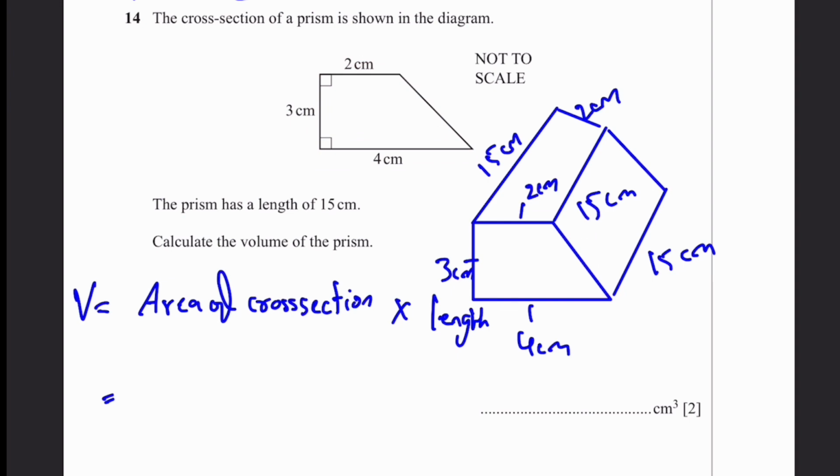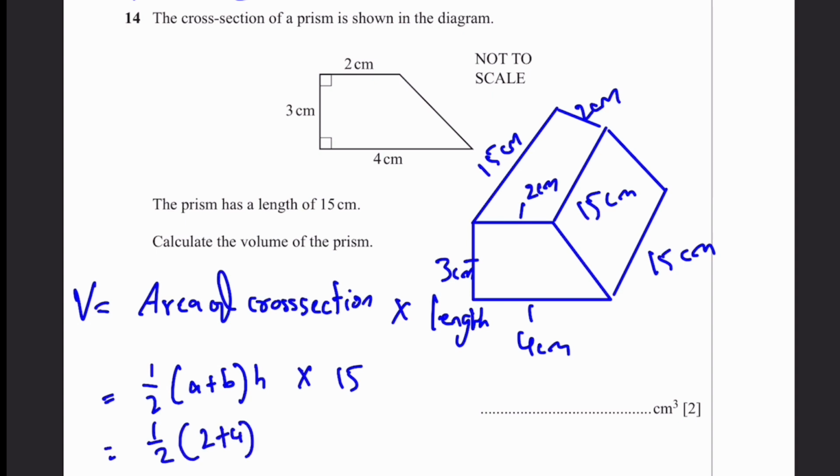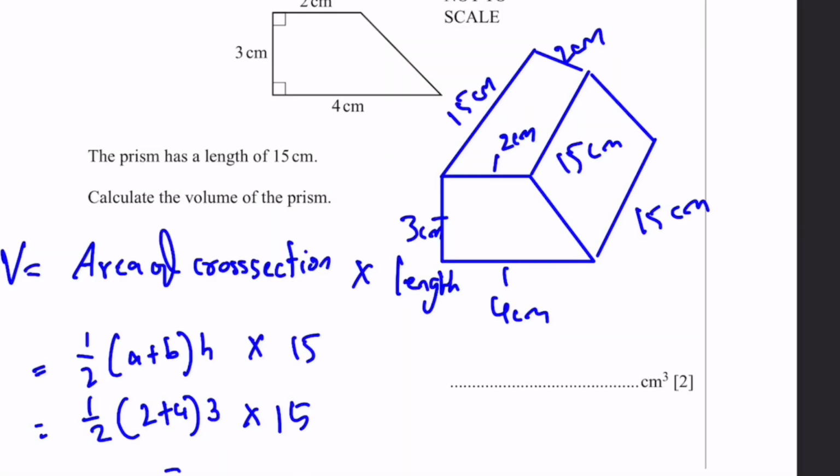And the area of a trapezium is half times (a plus b) times h, and multiplied by 15. So that's half times (2 plus 4) times 3, and multiplied by 15. That's equal to half times 6 times 3. It's equal to 3 times 3, 9 times 15. And once you do the maths, it's 135. And 135 centimeters cubed is the answer.